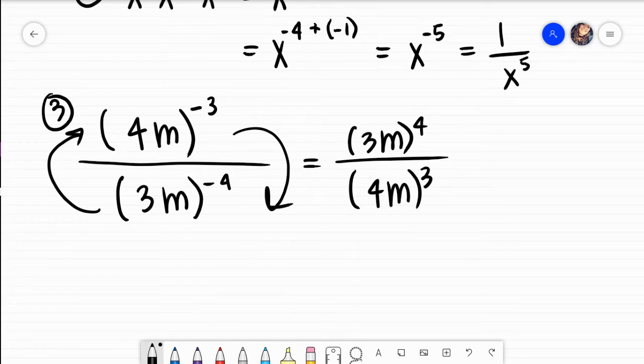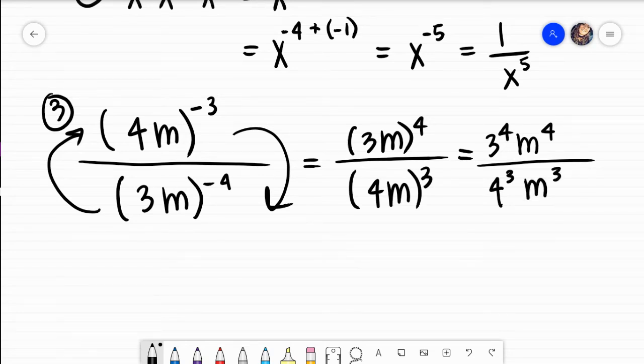So now what I have is that power rule, which said if you have multiple things inside of a parenthesis and the whole parentheses is being raised to a power, then each individual thing inside of your parenthesis gets raised to that power. So our 3 gets raised to the fourth, and our m gets raised to the fourth over, applying the same power rule on the bottom, our 4 gets raised to the third power, and our m gets raised to the third power.